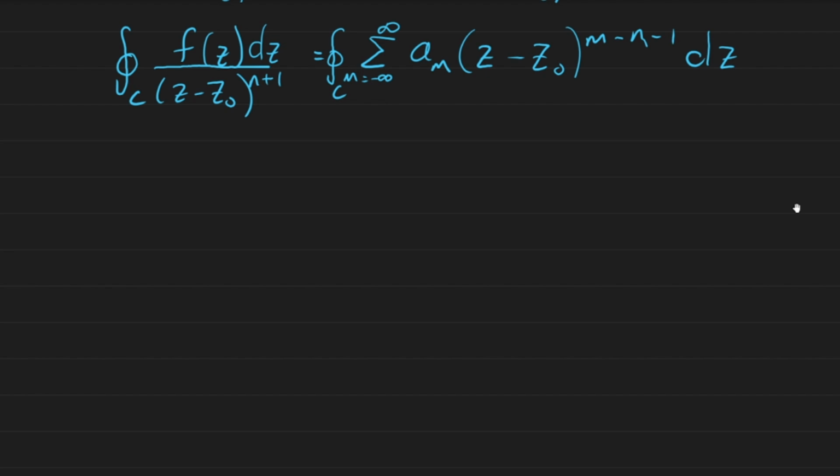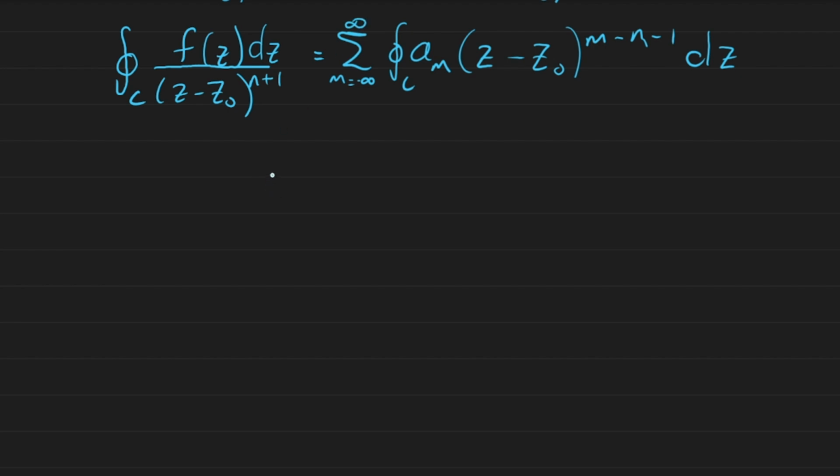And the first thing that we must realize is that since it's happening within the analytic region, this is actually going to converge. So this sum is going to converge. And since this integral and the sum, well, it's converging around that contour, we can actually swap them around. So that's what we're going to do. We're going to swap around this integral and this sum. So we're going to write the integral here around this closed curve, and then the sum as m goes from minus infinity to infinity.